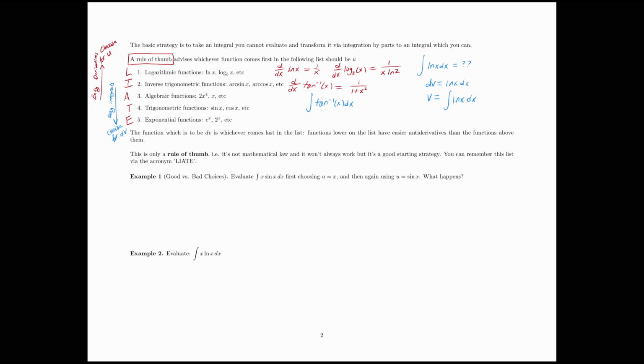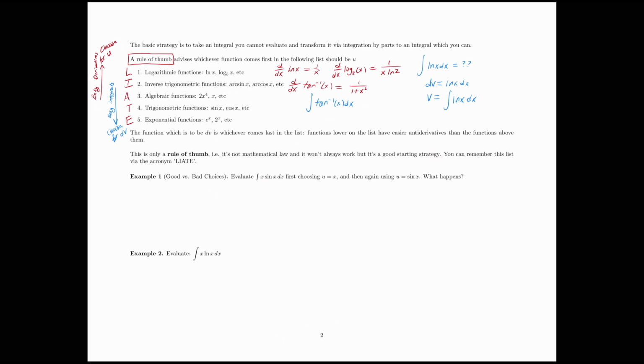Okay, so let's go ahead and do example 1 in this intro video as well. So good versus bad choice. Let's evaluate x sine of x, first choosing u equals x, and then again choosing u equals sine of x. So notice here, the function that we want to assign to u should be functions that are towards the top of the list. In our integrand here, we've got an algebraic function and a trig function.